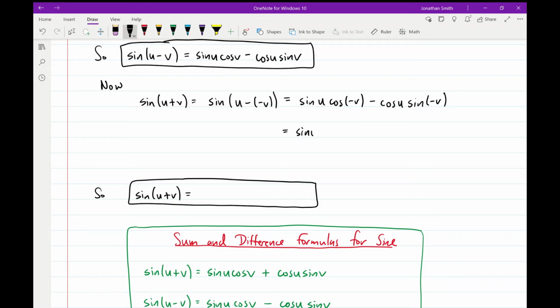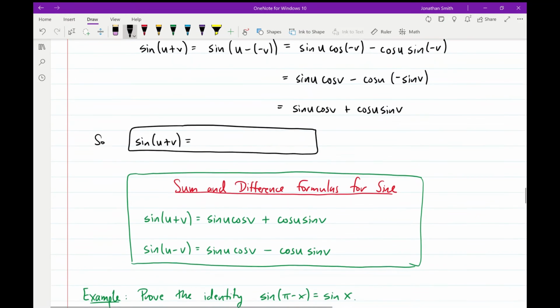All right, so first off, cosine of negative v is the same as just cosine v, because cosine is an even function. And sine of negative v is going to give us a minus sine of v. And now simplifying, I get sine u times cosine v plus cosine u times sine v.